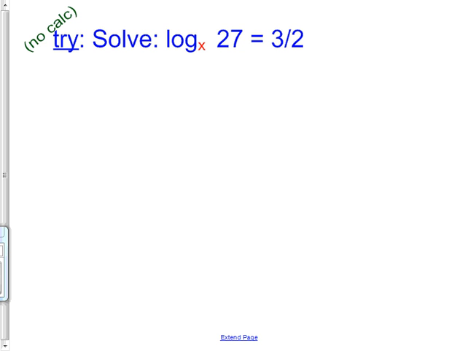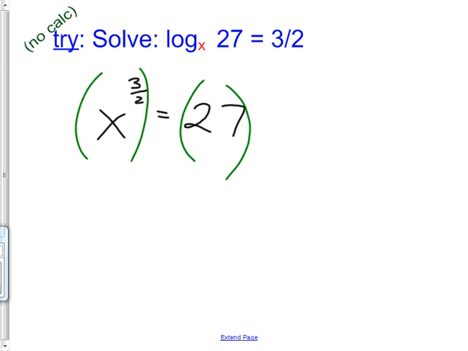So to start with, it's x to the 3/2 equals 27. So then you put it to the power of, everybody says times it by. No, you don't. You're putting it to the power of 2/3.